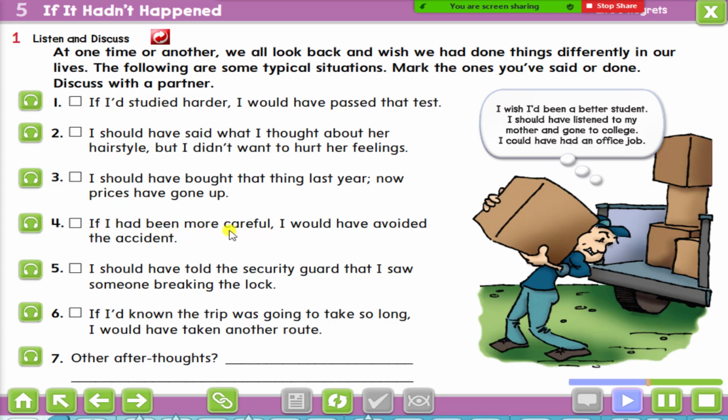If I had been more careful, I would have avoided the accident. 5. I should have told the security guard that I saw someone breaking the lock. 6. If I'd known the trip was going to take so long, I would have taken another route. 7. Other afterthoughts?